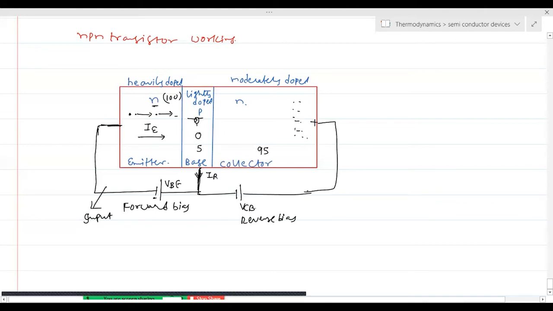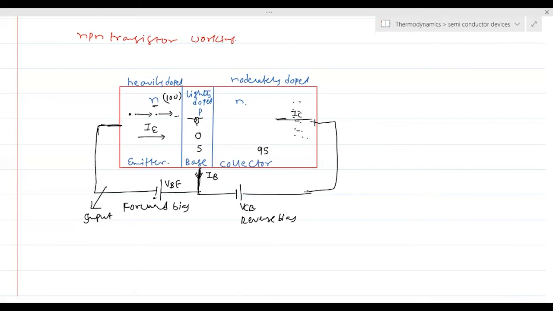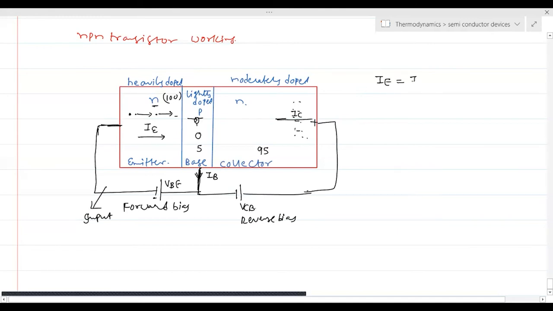The remaining electrons are swept by the collector, so we have the collector current. That means the current will be split. Therefore, we have a popular relation here: IE equals IB plus IC.